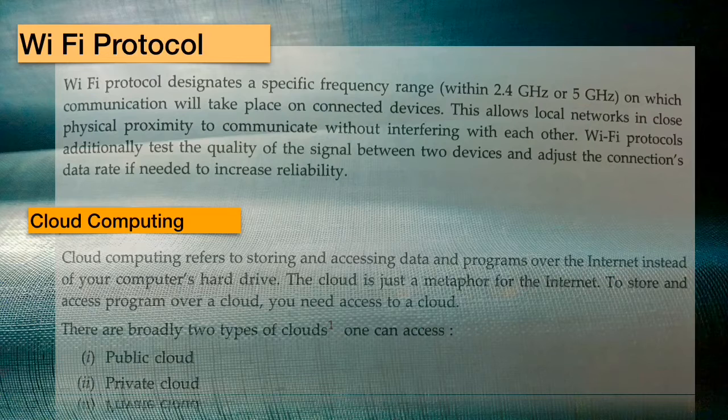Through that, we can connect our wireless devices directly to the router to access the internet. Or through the wireless, directly we can transfer the files from one end to another, like with the Bluetooth.